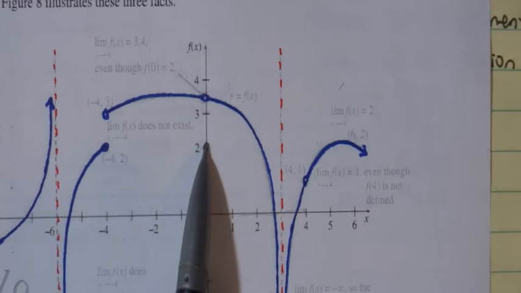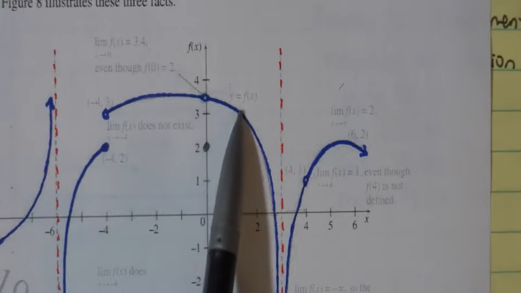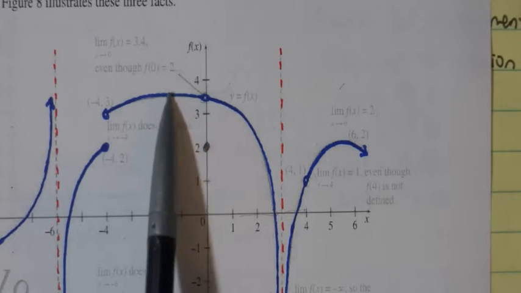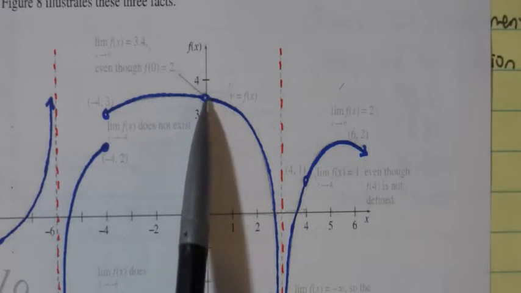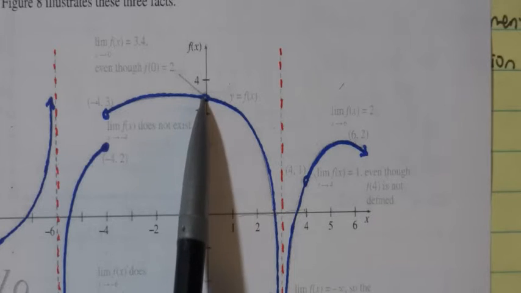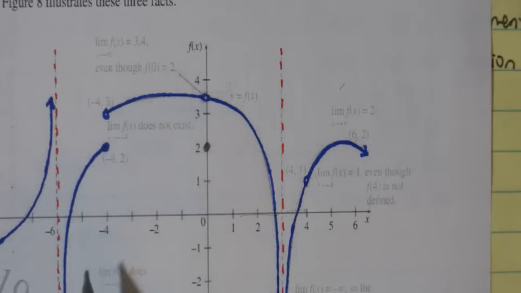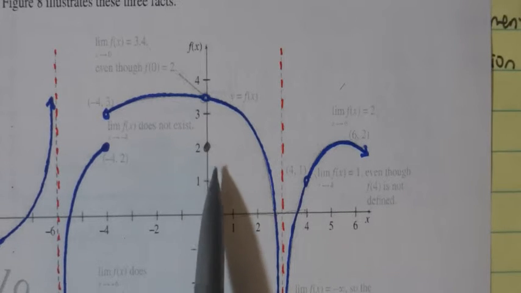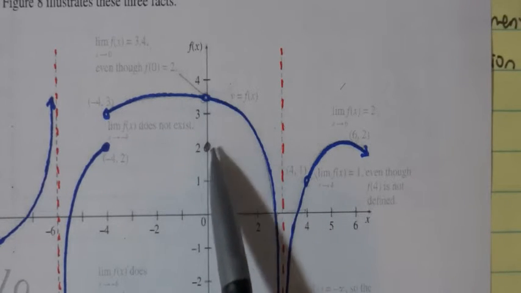And this is where it gets a little tricky, because obviously it's not continuous. But you might say the limit exists because the limit from the left and the right are the same, but the function does not exist at 3.4. It actually exists at 2. So this would be an example where physically it shows the discontinuity.